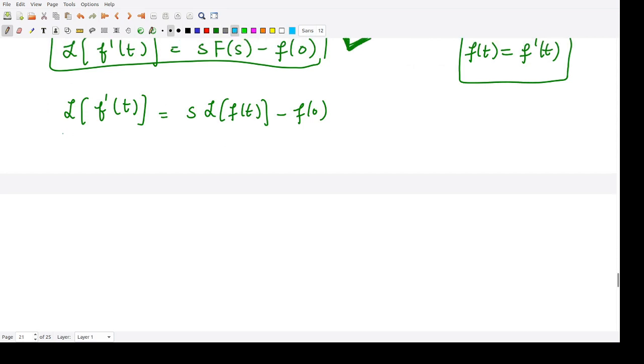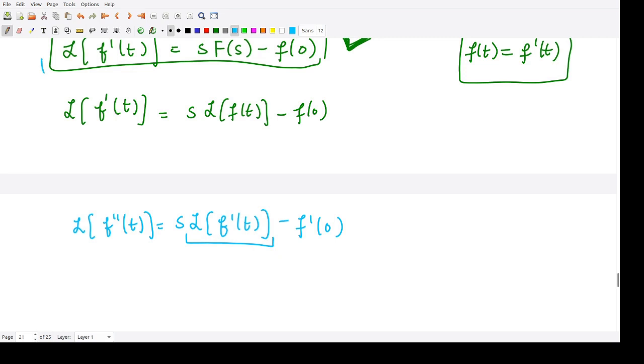I have the Laplace transform of f double dash t equal to s times the Laplace transform of f dash t minus f dash of 0, right? And we have just calculated its value. So let me substitute it here: s multiplied by s into F of s minus f of 0, minus f dash 0.